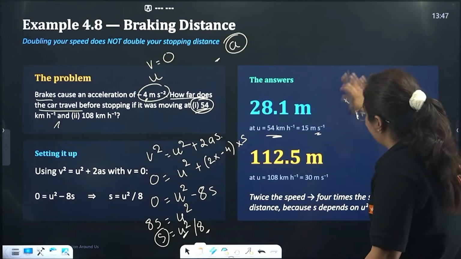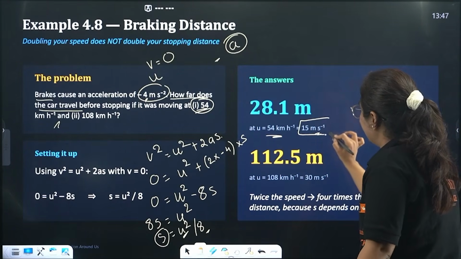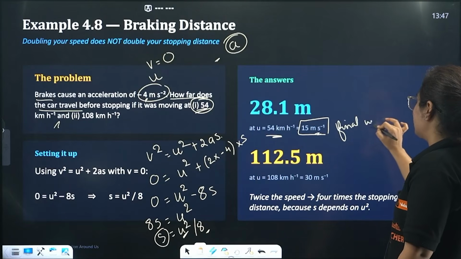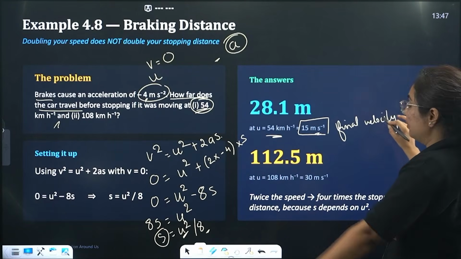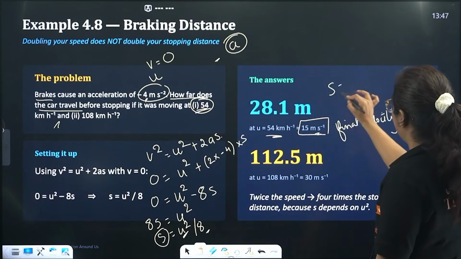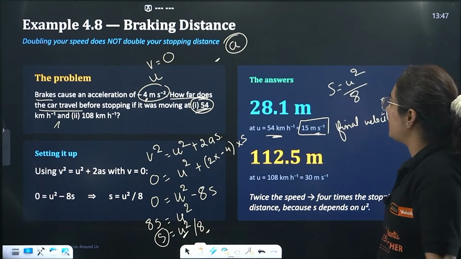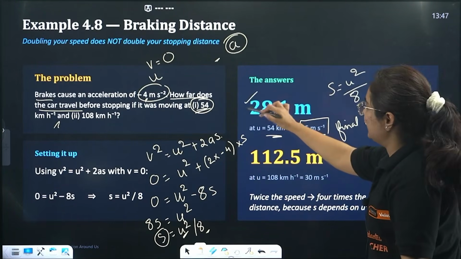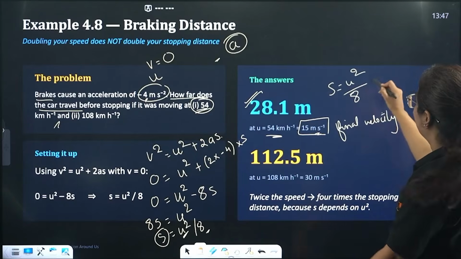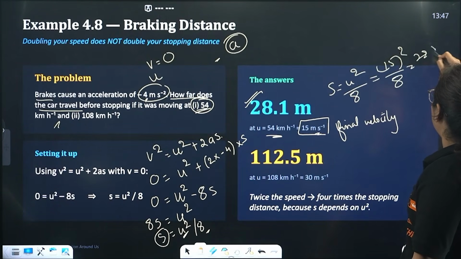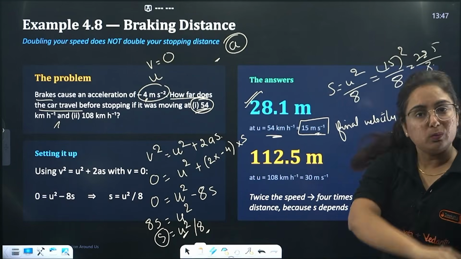You get 15 meter per second. Just put it into the formula we just derived. s equals u square upon 8. Here u square is 15 square upon 8, 225 upon 8. The answer will be 28.1 meter.